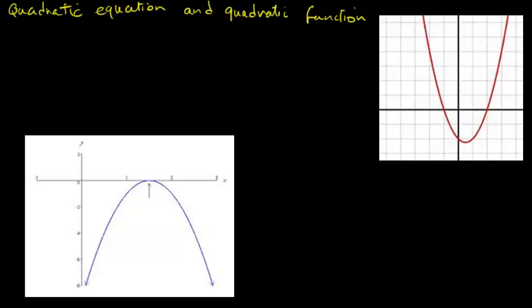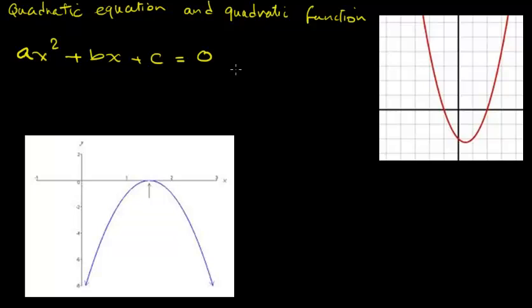The standard form for writing a quadratic equation is ax to the second power plus bx plus c equals 0. This is the standard form of writing a quadratic equation.